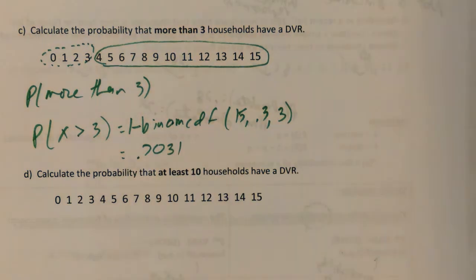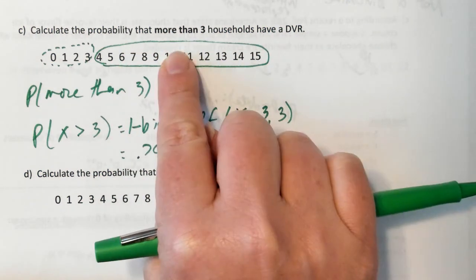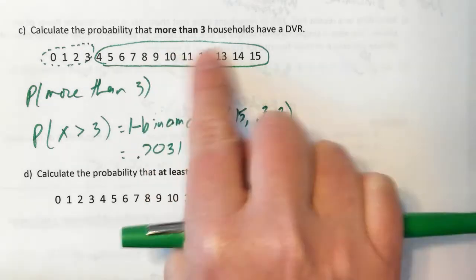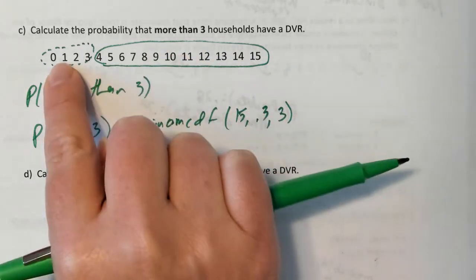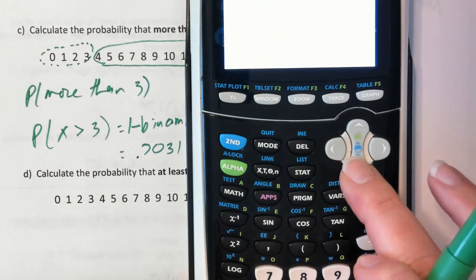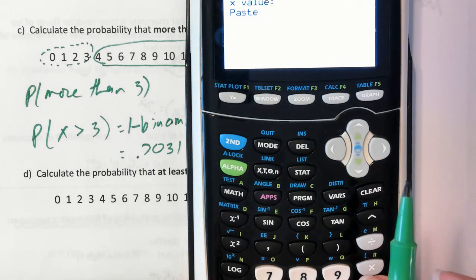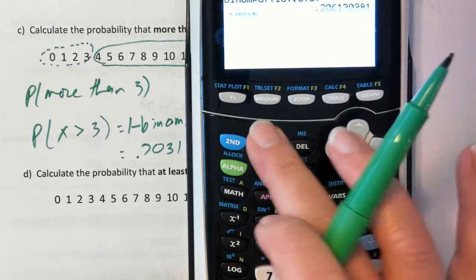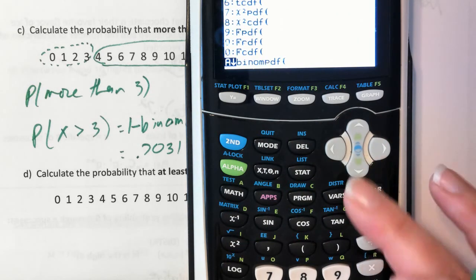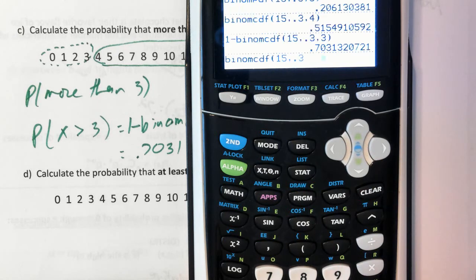Now if you think about it, I circled the majority of the numbers, 4 through 15. So the probability of being in this region should be pretty high. 70% seems pretty reasonable for that. This region down here must have been just around 30%. If I do 2nd VARS, 15, oops, I did PDF by accident, binomcdf, 15 trials, 0.3, up to 3.